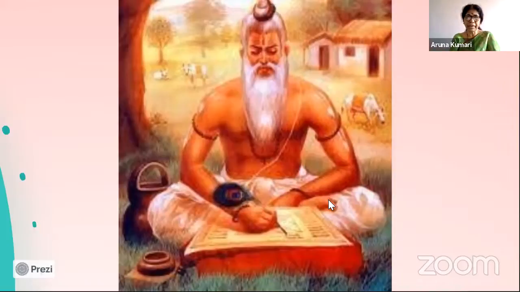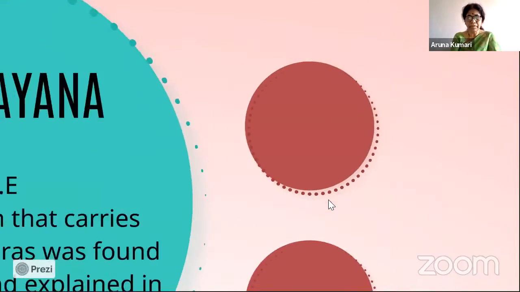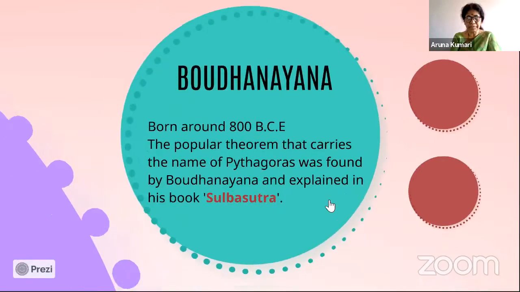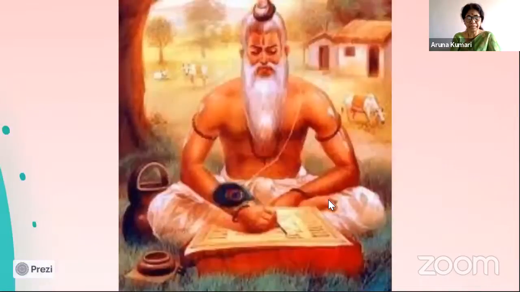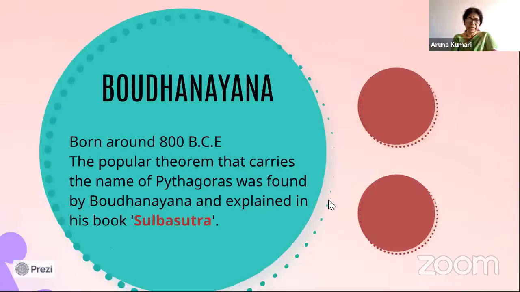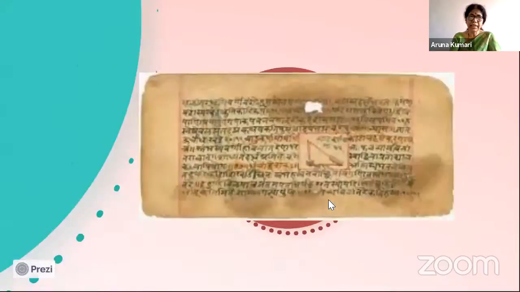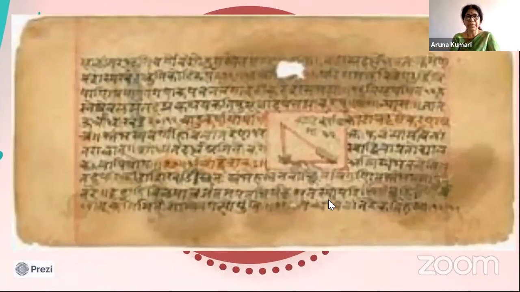Baudhayana, 800 BCE, his book was Sulabh Sutra. This is a part of the Sulabh Sutra book, a very old book, written in Sanskrit.